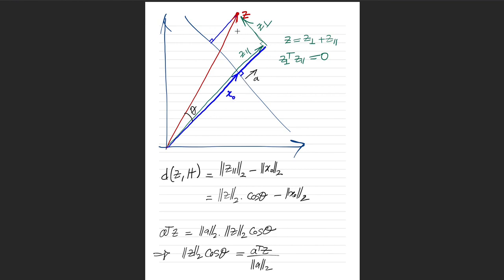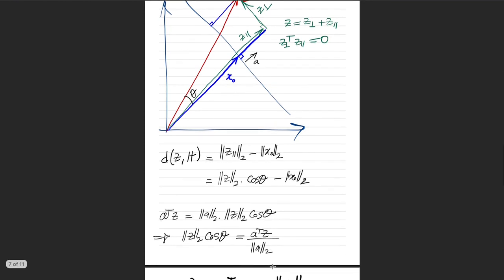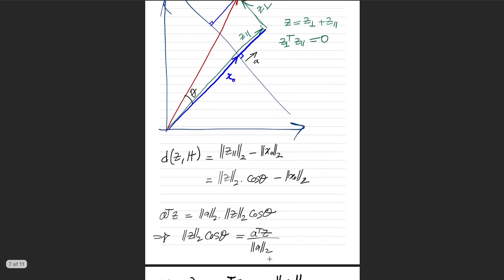So the angle between z and x0 is the same as the angle between z and A. So A transpose z is norm of A, norm of z, cosine of the angle in between. So the norm of z times the cosine of the angle is nothing but A transpose z divided by the length of A. So we can take this and put it here.